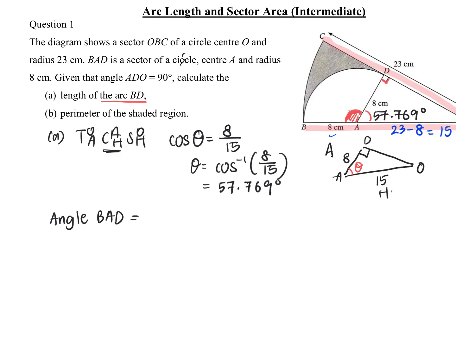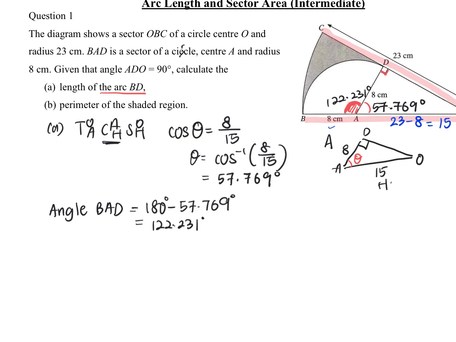It lies on one straight line, so 180 subtract away 57.769. I'm sure you're able to get this. And I got 122.231 degrees.